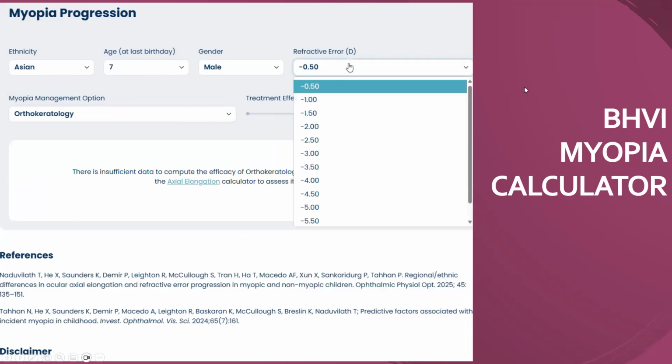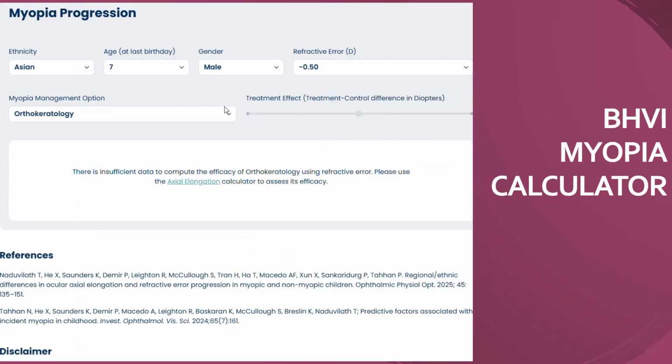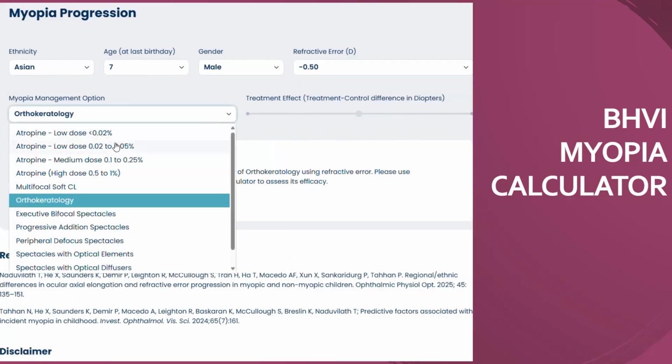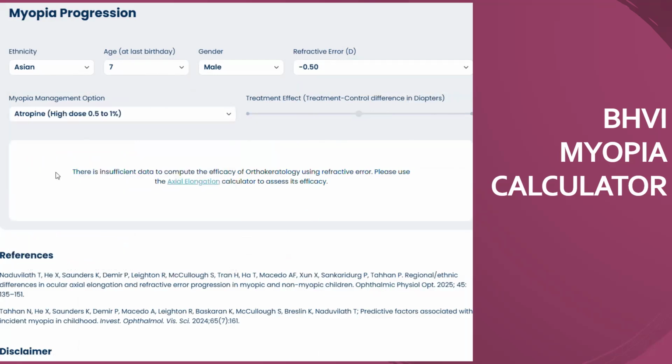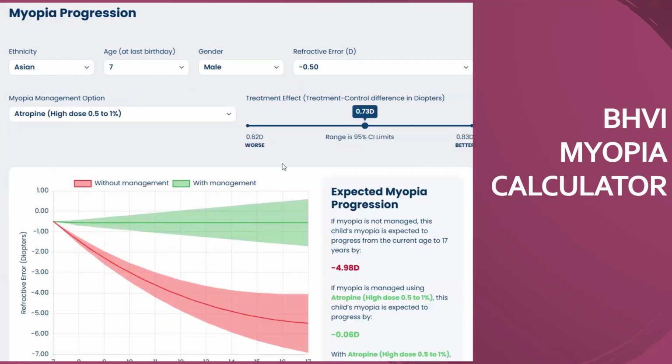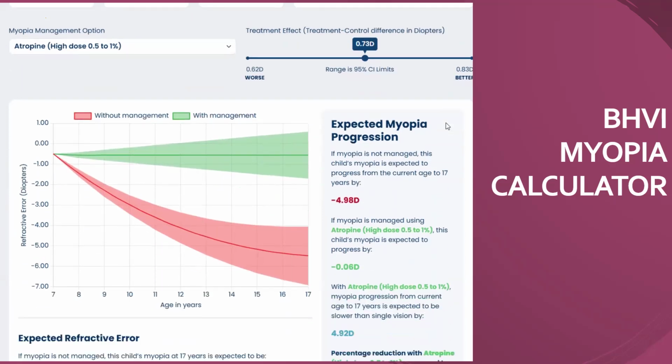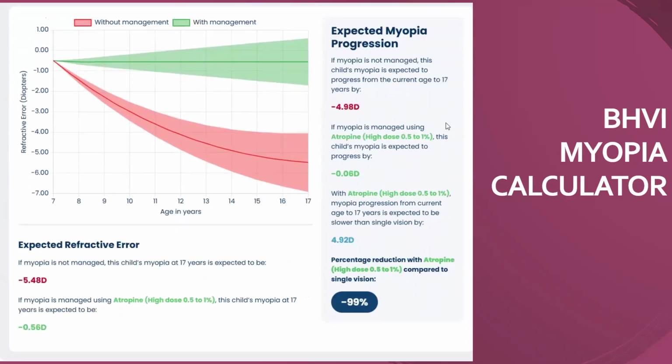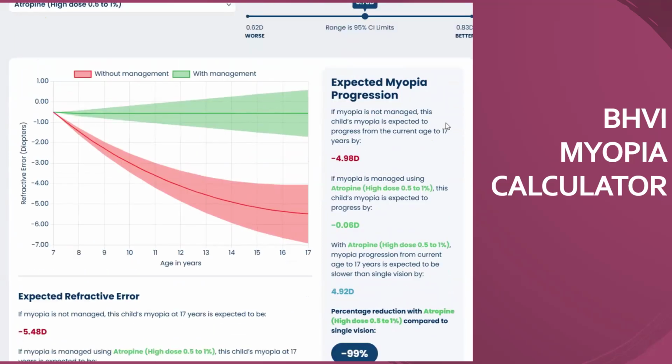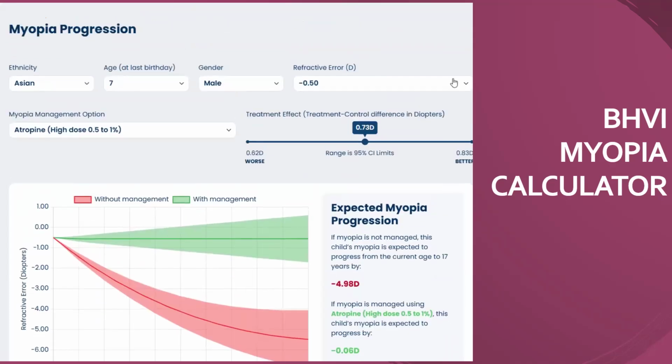Now, there was a question by Devanshi on orthokeratology. There is insufficient data. There are multiple articles which suggest that orthokeratology is a wonderful tool, but for them to discuss it, there is not enough head-to-head comparison and long-term data. So that is why BHVI refrains from commenting on that.